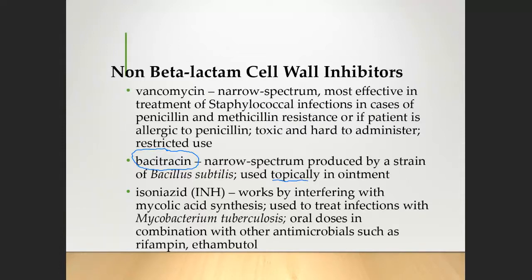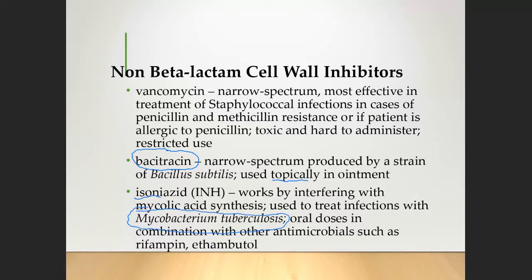Another one is isoniazid, or INH, mostly used for bacteria that cannot be classified as gram-positive or gram-negative, like Mycobacterium tuberculosis.